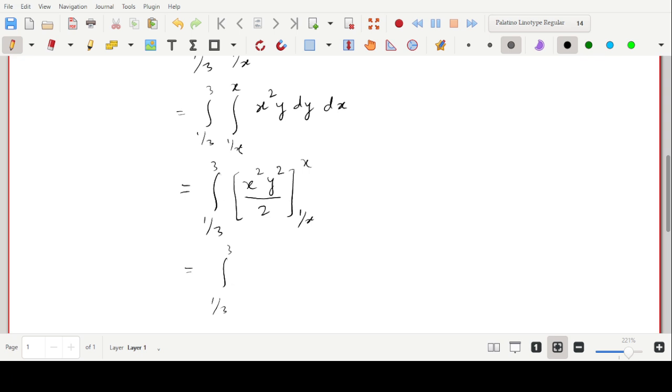So nothing very exciting here after this. We can take this 1 over 2 outside, and what we have inside, after substituting for y, is x power 4, and here it is 1 over x square, which cancels out with x square and gives us minus 1, with dx.